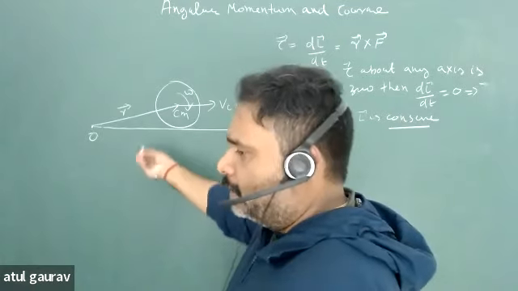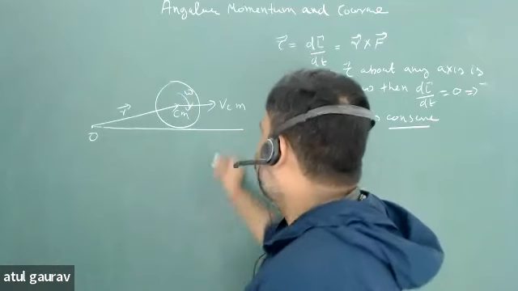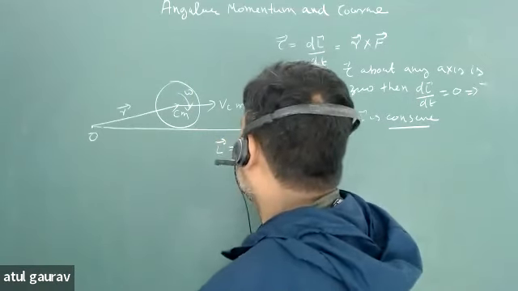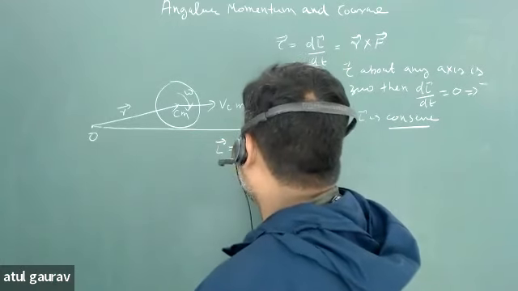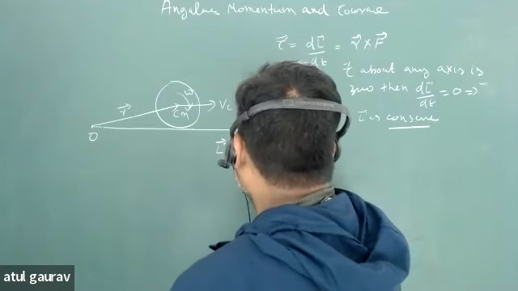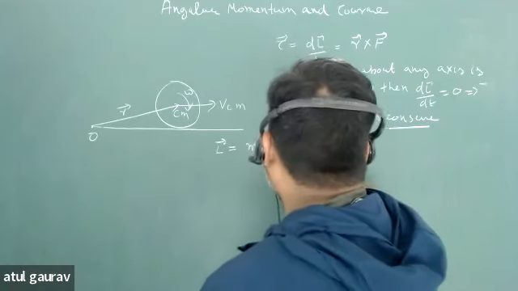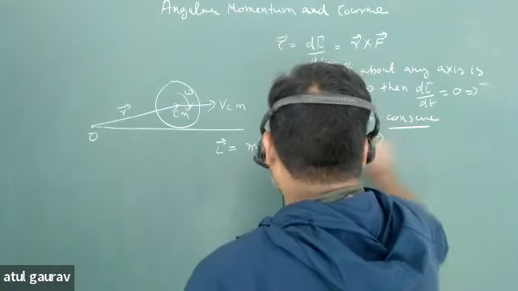At this point of time, when you have this sort of configuration, the angular momentum L can be written as M R cross VCM plus ICM omega.